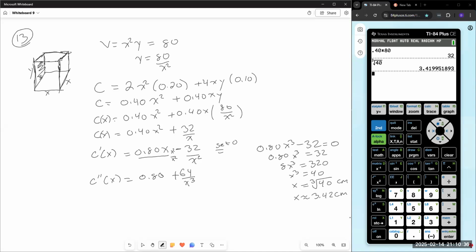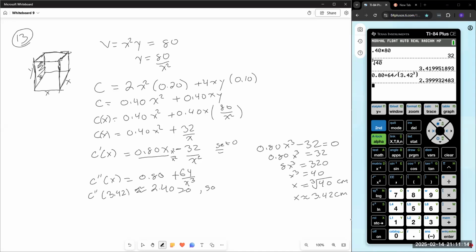Let's just verify C double prime of 3.42 is 0.80 plus 64 over 3.42 to the third power, which is about 2.40, which is greater than 0, and that's all I care about.